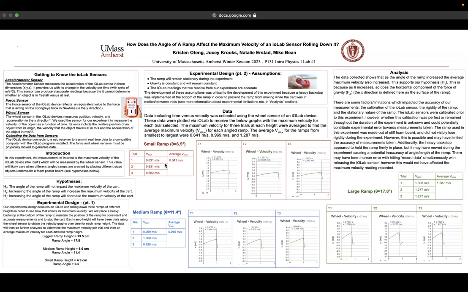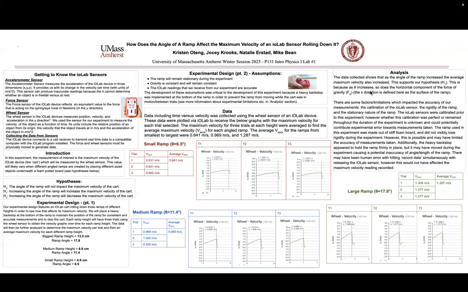For the small ramp, trials 1, 2, and 3 were averaged to give a 0.641 meters per second average maximum velocity. For the medium ramp, it was 0.969 meters per second. And for the large ramp, it was 1.287 meters per second. You can also see here the different angles that the 3 ramps were placed at, which correspond to their heights.